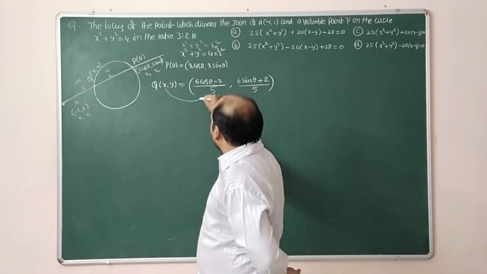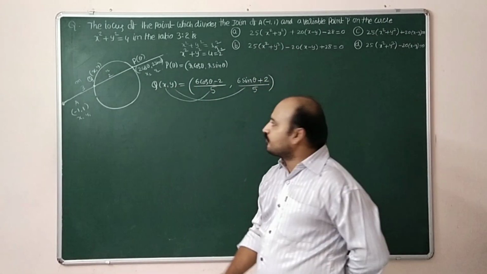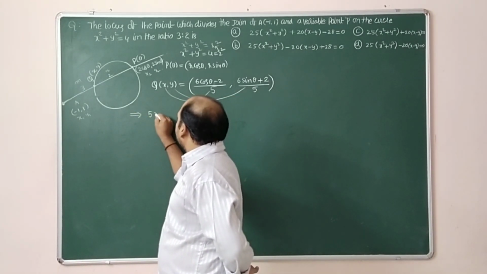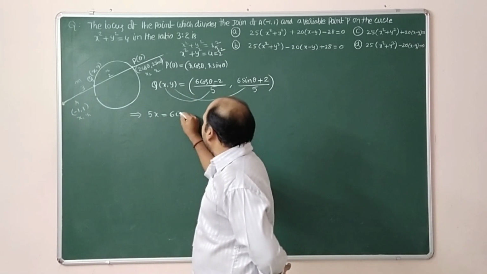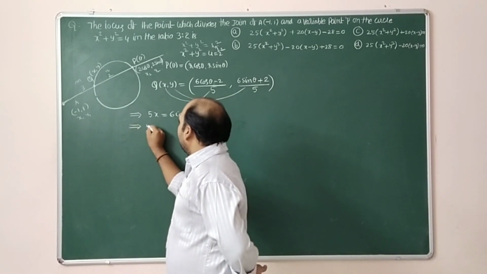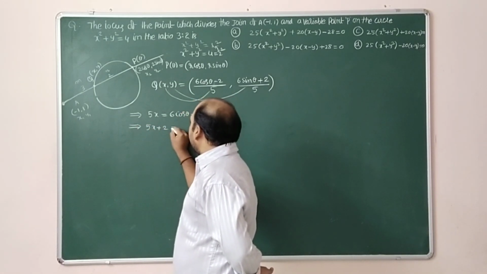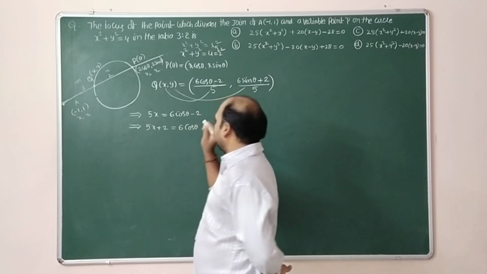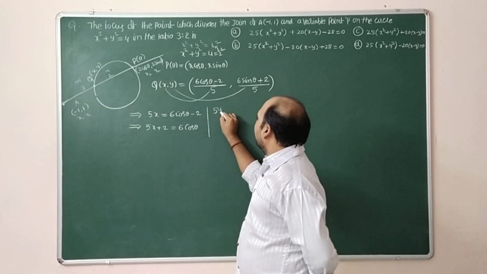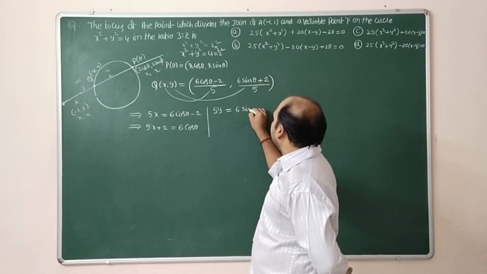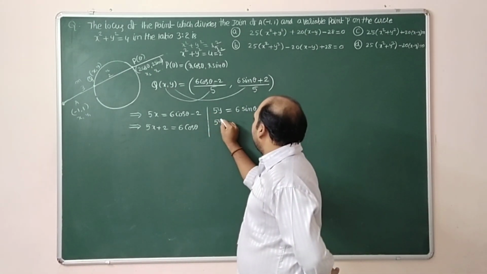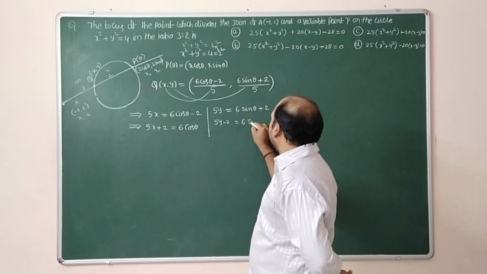Now equating x and y coordinates, by cross multiplying: 5x is equal to 6 cos theta minus 2, so 5x + 2 = 6 cos theta. Similarly, 5y = 6 sin theta + 2, so 5y - 2 = 6 sin theta.